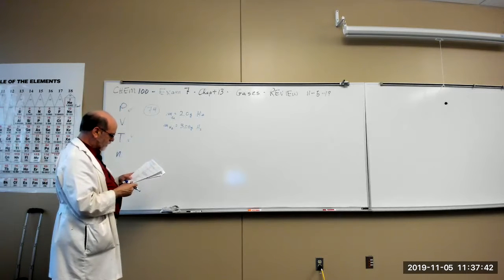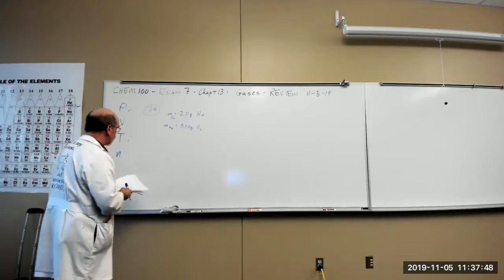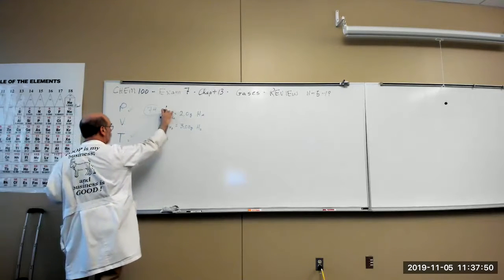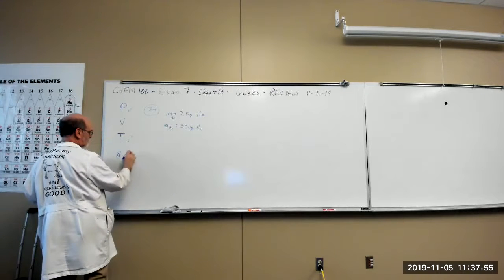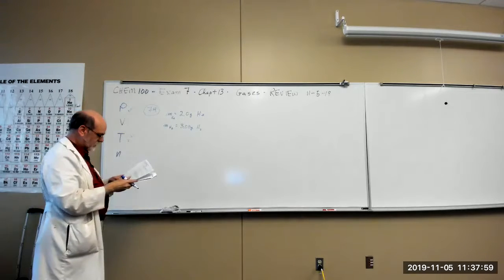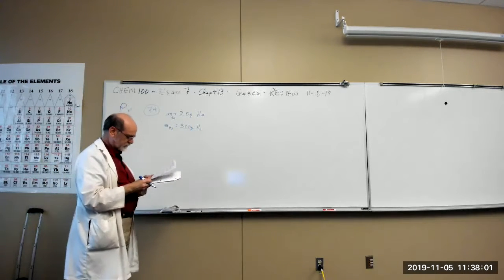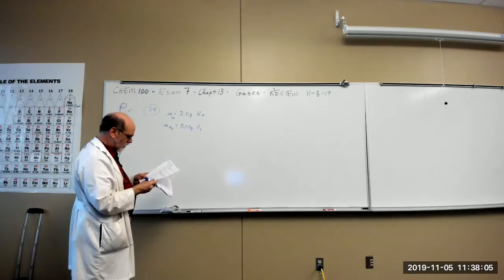How many times bigger is the party balloon, comparing before and after? So we did start off with a certain number of moles, and we added some moles right here. So then the volume is going to change, but we need to know how much. Choose the best formula to use to solve this problem.